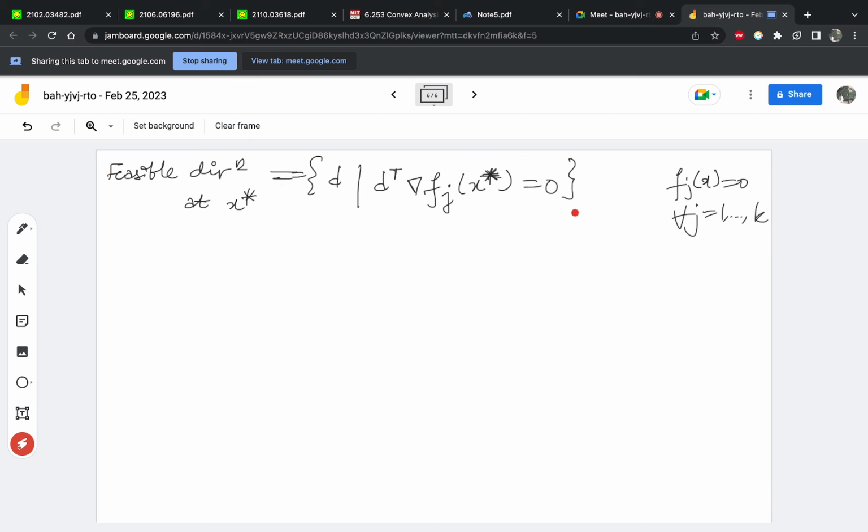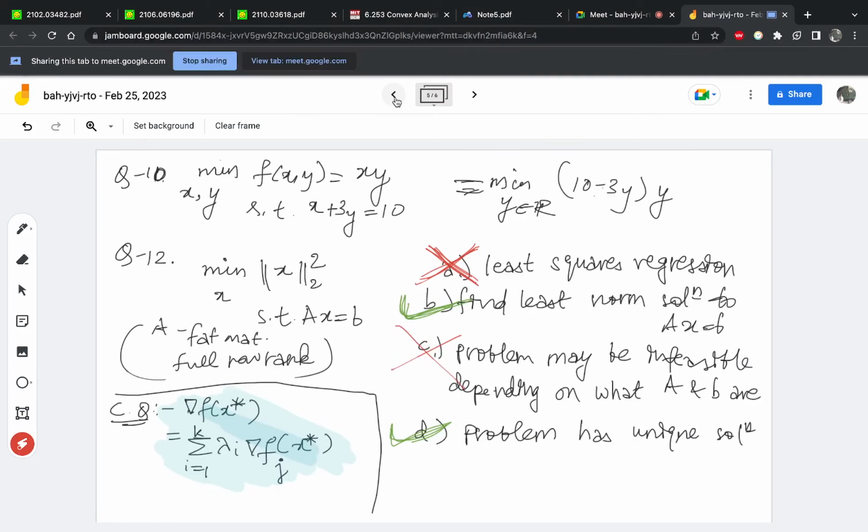If the gradient direction, meaning the direction in which I can go to increase my function value, can be written as a linear combination of these gradients of constraints, that means I cannot move anywhere else to increase my function value. I can only move orthogonal to that direction. Does that make sense? Okay.